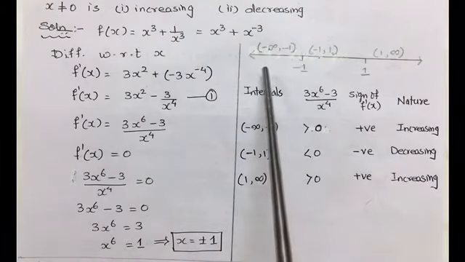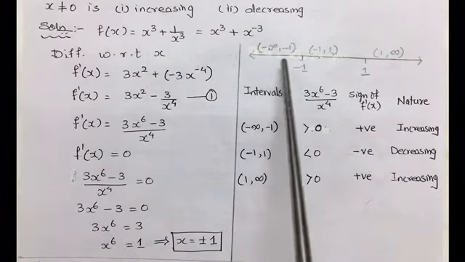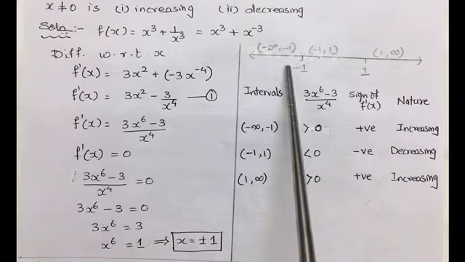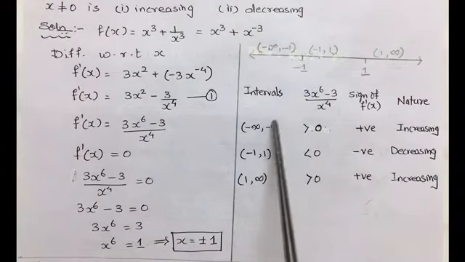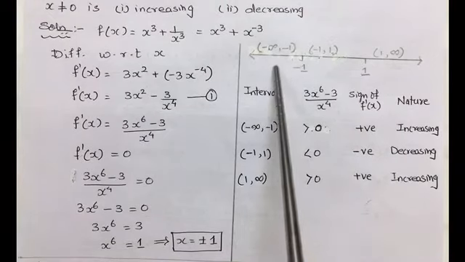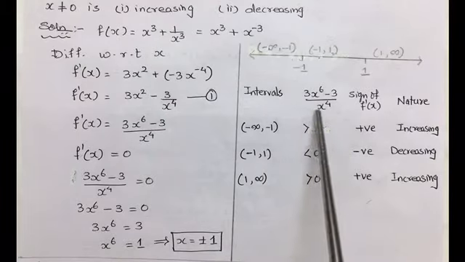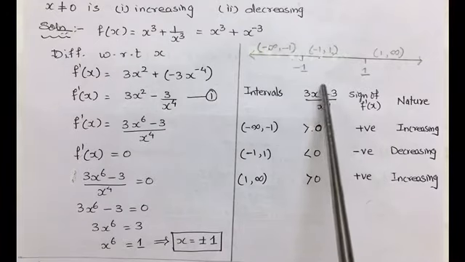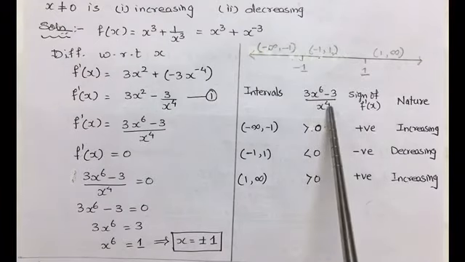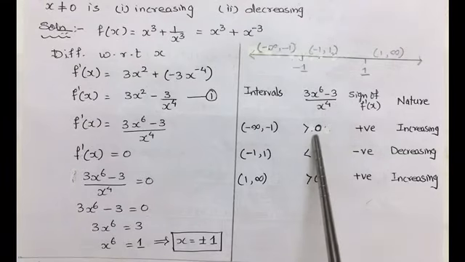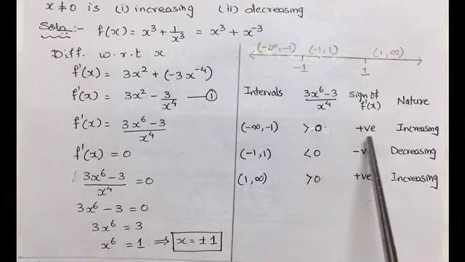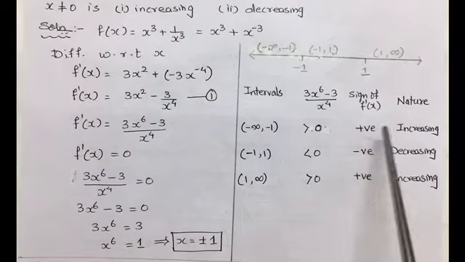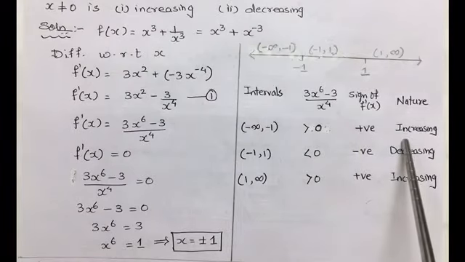Now from the interval minus infinity to minus 1, taking the value of x as minus 2, keeping it in f dash, we will get a positive value. Reason: the powers of x are all even, so it will be greater than 0. First derivative is positive, hence it is increasing.